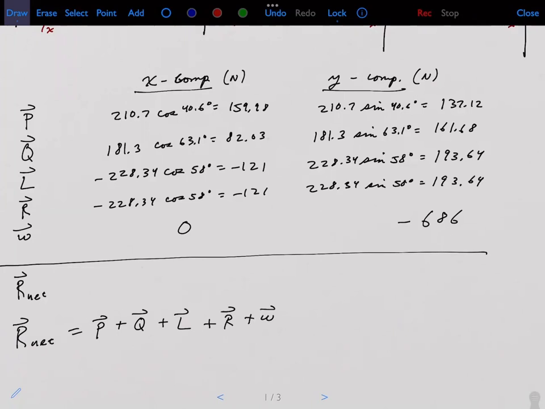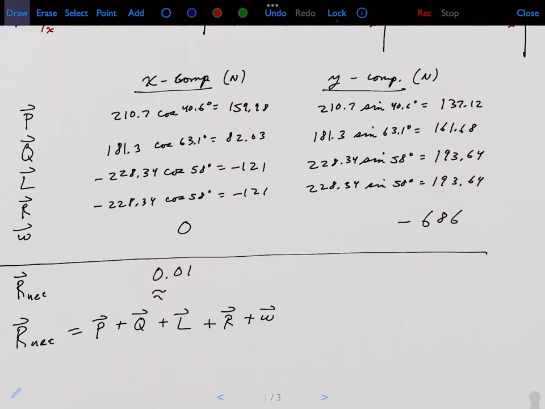Well, analytically, it means add the components. And so I have a nice table here. If I just add down this column, right? These are the X components. If I add all these values together, that's going to be the X component of my net force. If I add this column together, it's going to be the Y component of my net force. So if you do this, you're going to get something very close to 0.